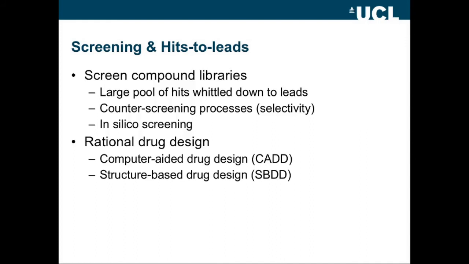One is some sort of process of screening compound libraries, and this allows us to whittle down a large pool of potential hits into potential lead molecules. Now, typically this will be done in vitro using the assays that we've developed in the last step, and may also involve some counter-screening process for selectivity. So we screen for interactions with and effects on other proteins as well in order to try to avoid side effects.